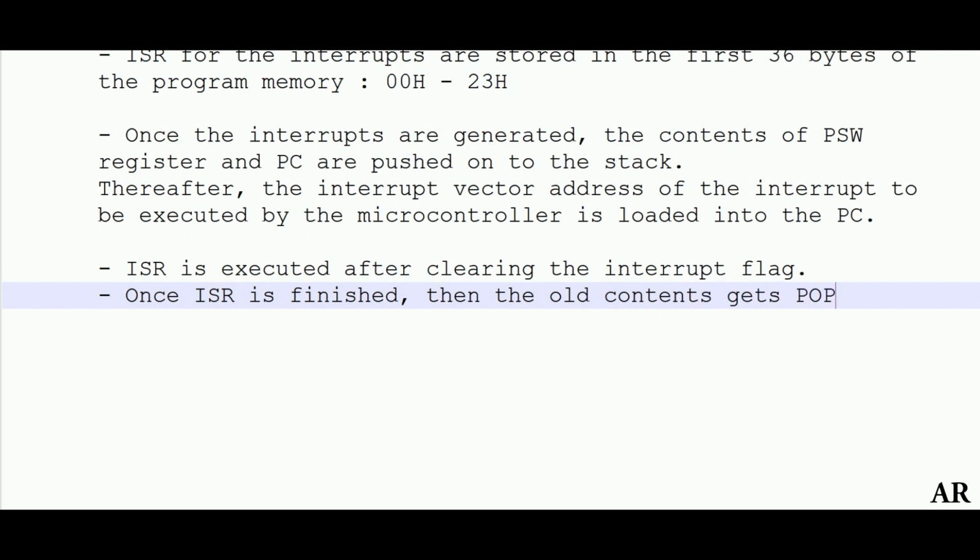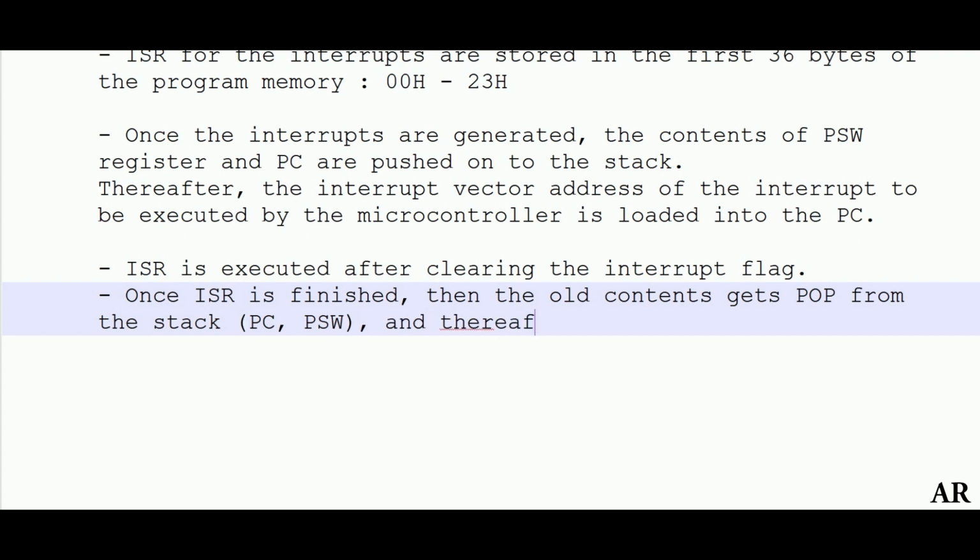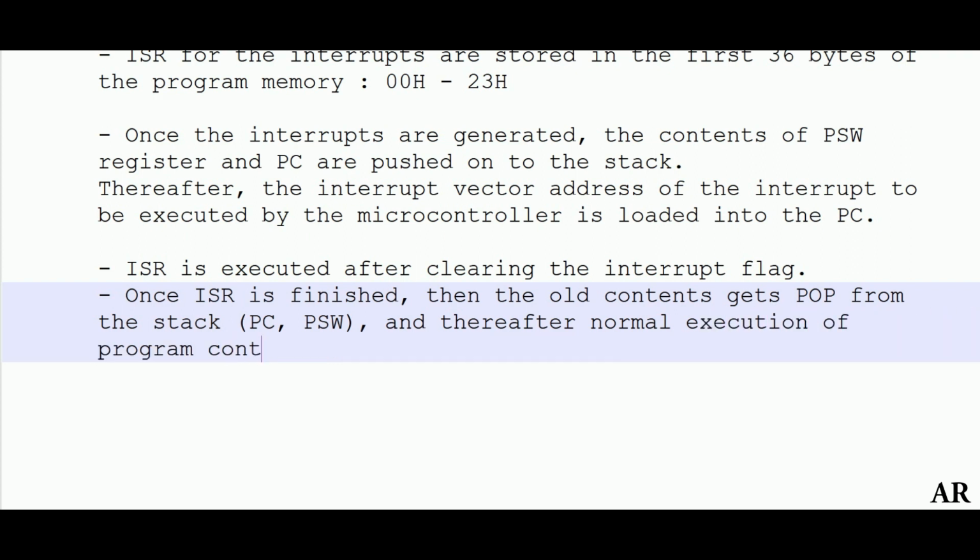So by using the pop instruction, they get popped out from the stack. So what are the old contents we are referring to? That is your PC and your PSW, which were earlier stored onto the stack. These contents are popped out from the top of the stack, and thereafter normal execution of the program continues. So this is how your interrupts are handled in your 8051 microcontroller.